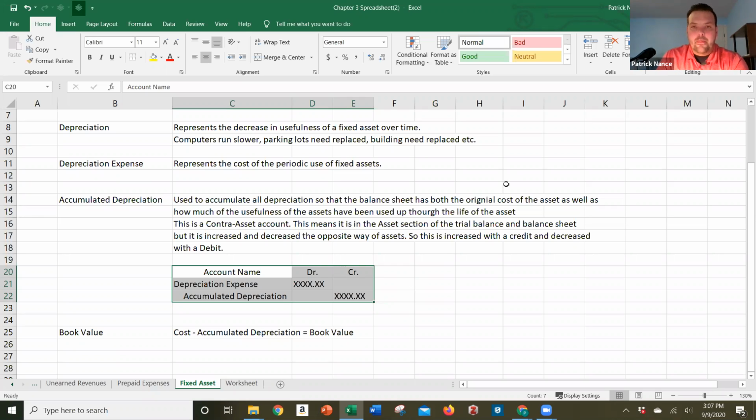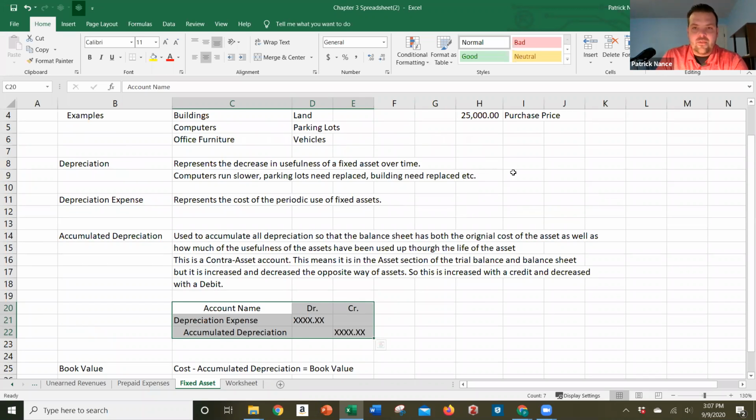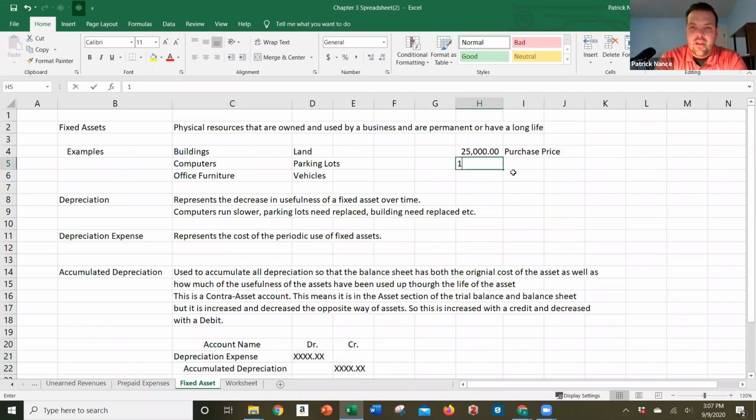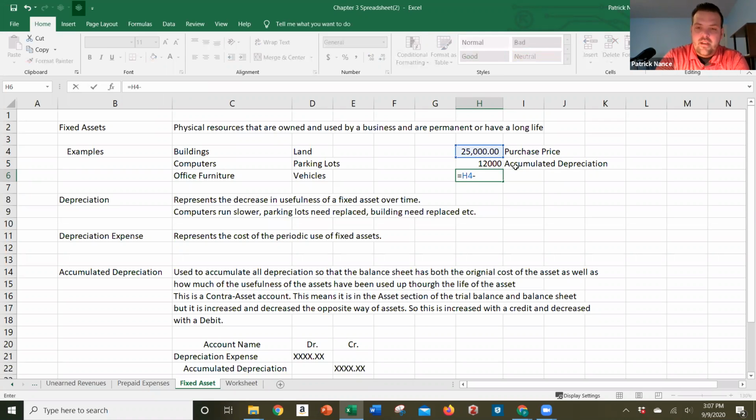So, for example, in the example I gave up here, I had a purchase price of 25,000. Let's say I used up $12,000 worth of depreciation. Actually, let's use accumulated depreciation because it would be more than 1 year. The book value would be the purchase price or the cost minus the accumulated depreciation, and this would be my book value.